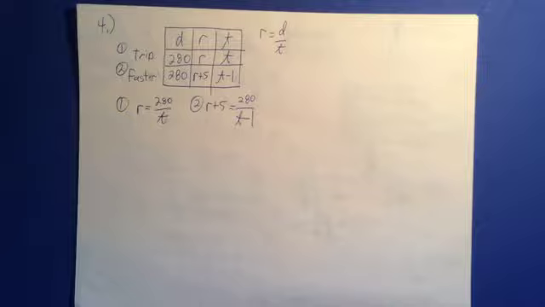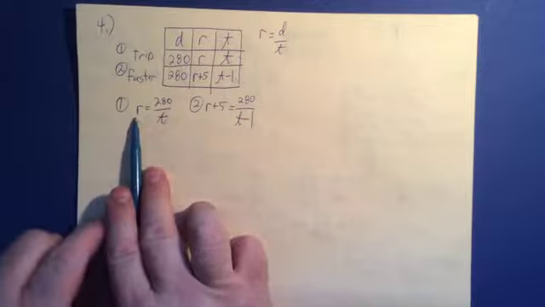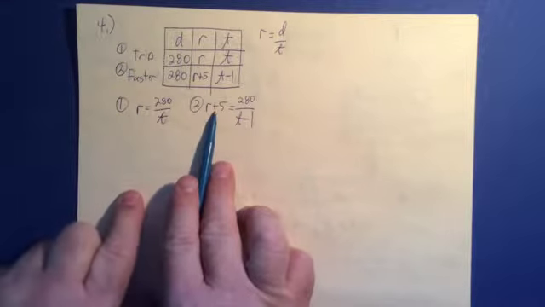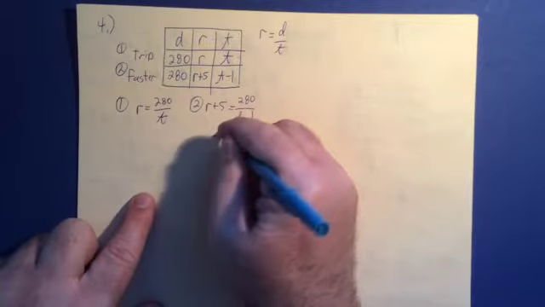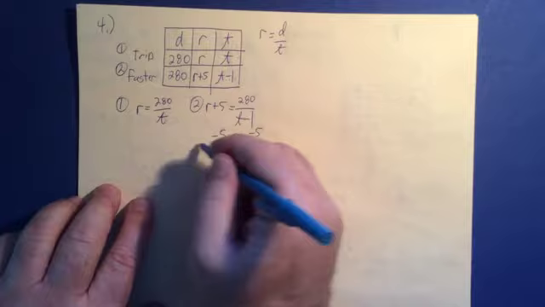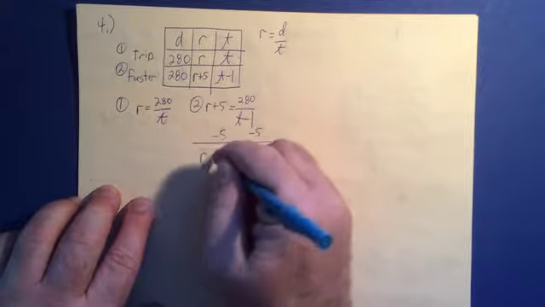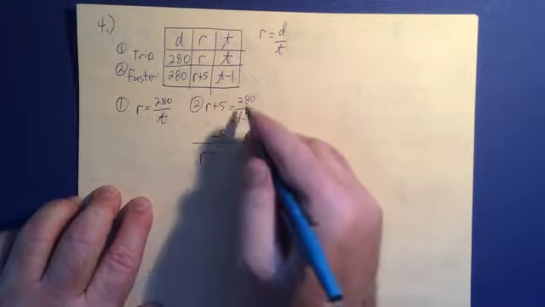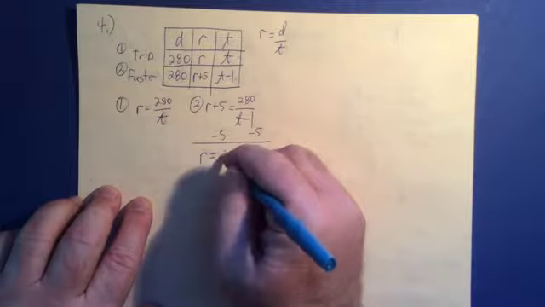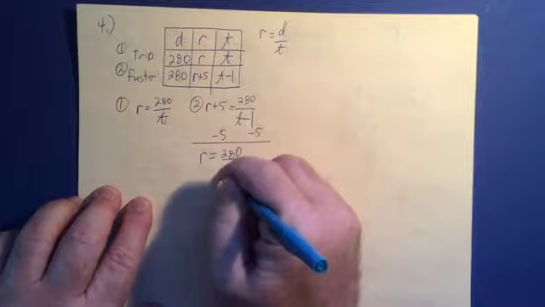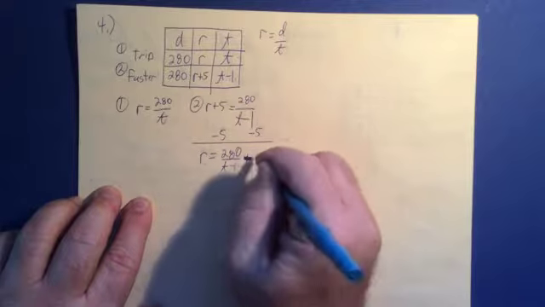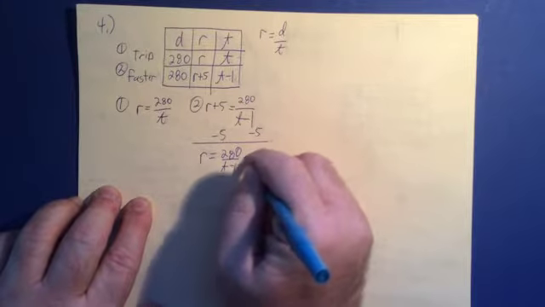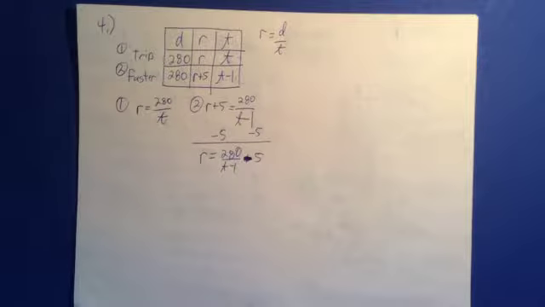Now, that's not all we need to do yet. We have this as r, and that's fine, but this is r plus 5. I need to get the plus 5 to the opposite side. So I'm going to subtract 5 from both sides and write this as r is equal to 280 divided by t minus 1, whoops, not plus, but minus 5. So this is a minus 5, guys, not plus. That's a minus 5.